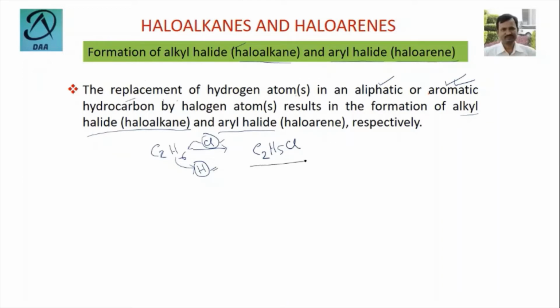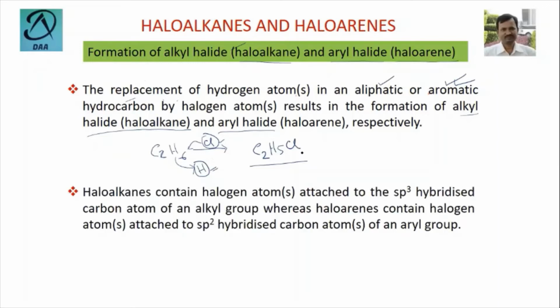Then it will form haloethane or ethyl chloride. And haloalkanes contain the halogen atoms attached to an sp3 hybridized carbon atom, because these carbon atoms are sp3 hybridized.